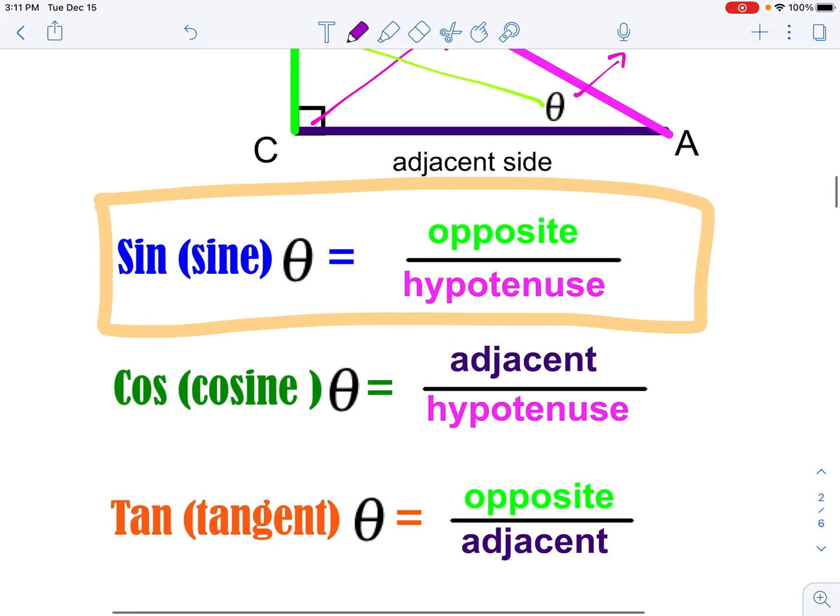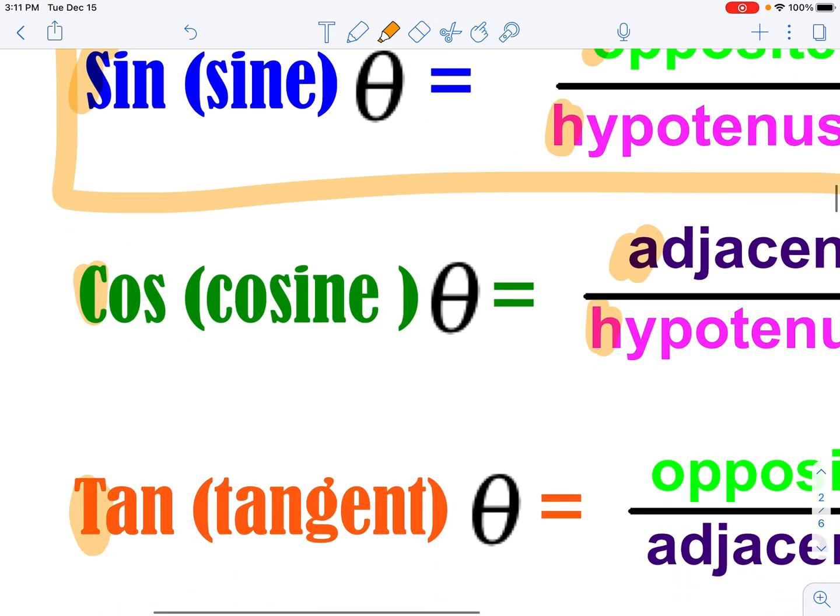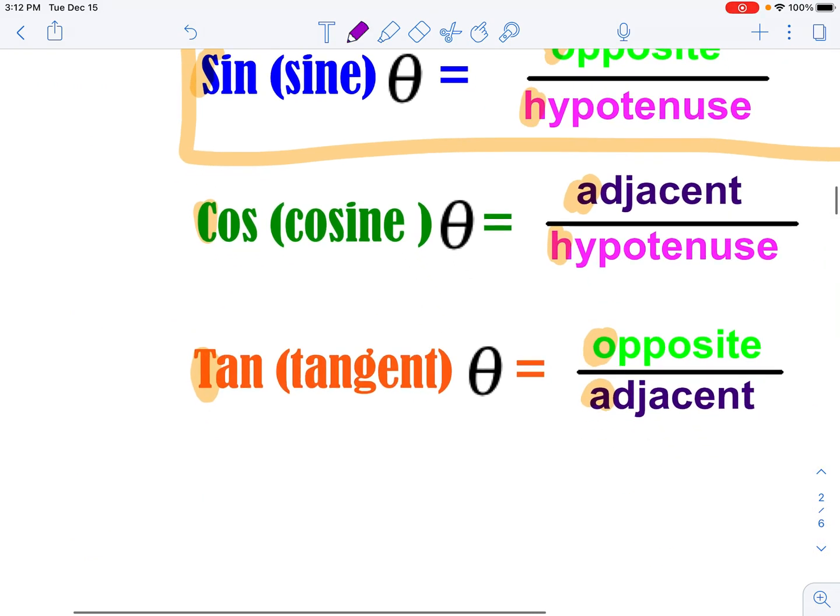If we take the first letter of each of these, there is an acronym that if you type it into Google, it will probably come up.